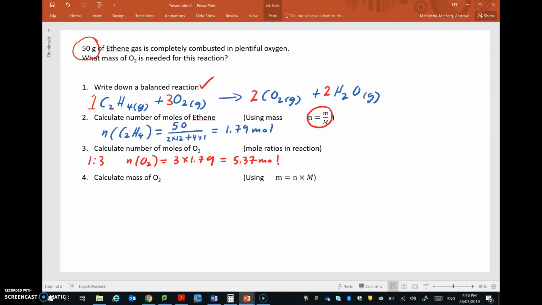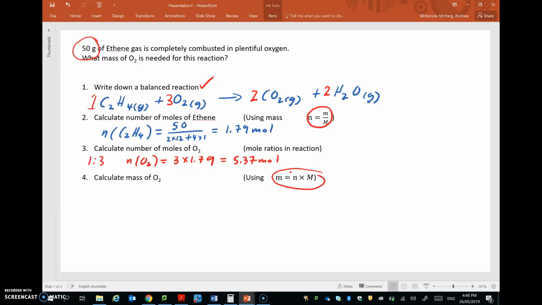Okay, so now we've got the number of moles of oxygen. If you have the number of moles of a substance, you can use this equation to calculate its mass, and we'll have finished this problem. So go ahead and try that, then I'll do it.